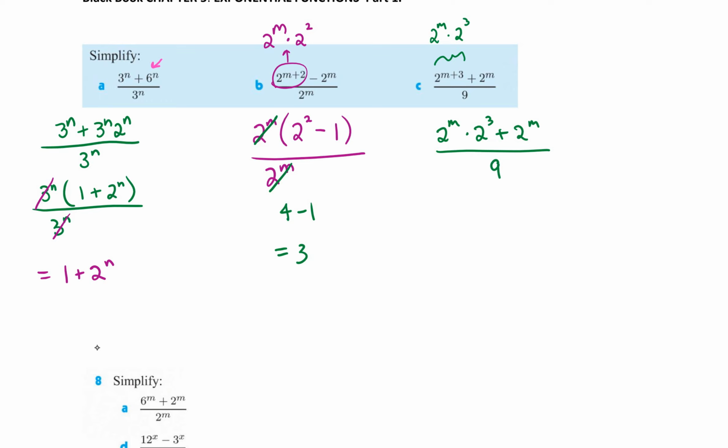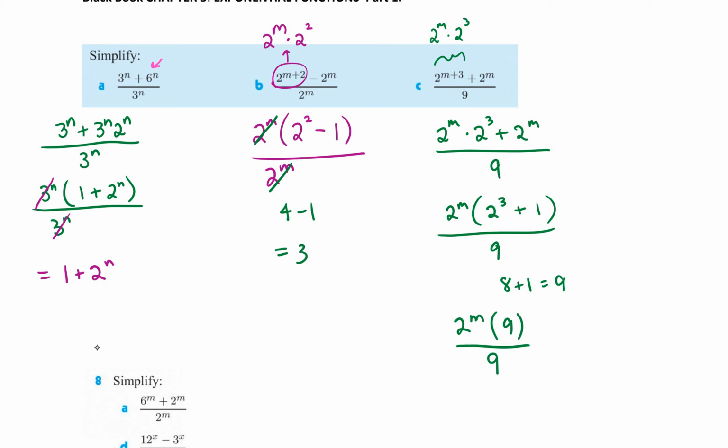Well, if we GCF the numerator, we're going to have 2 to the m with a 2 cubed in the parentheses plus 1. All of that is still over 9. Well, what is 2 cubed? It's 8. Plus 1 is 9. So we actually have 2 to the m times 9 over 9. What happens to those 9s? Bye. And we're just left with 2 to the m as our fully simplified answer.